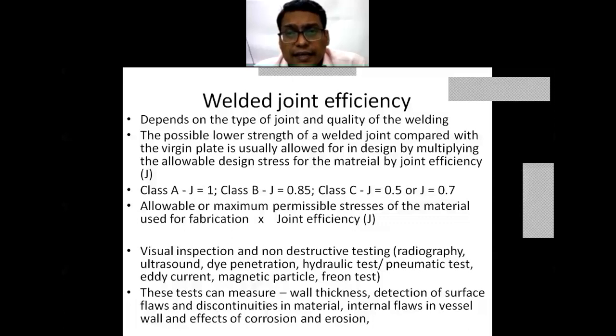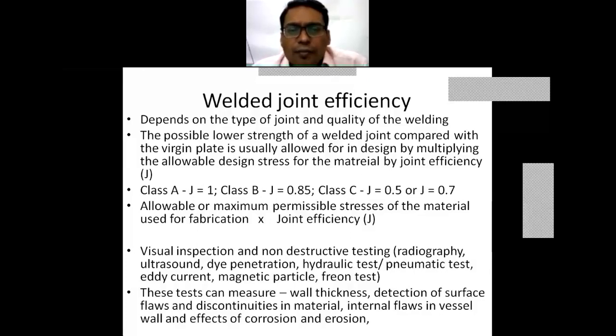Whenever you are going to do a welding, the strength of that material gets different from the original material, the virgin plate, the virgin material of construction I am talking about, fabricated from your mild steel, stainless steel, or carbon steel. So what is the possible load strength that is to be taken, and then the allowable design stresses are to be multiplied by the joint efficiency.